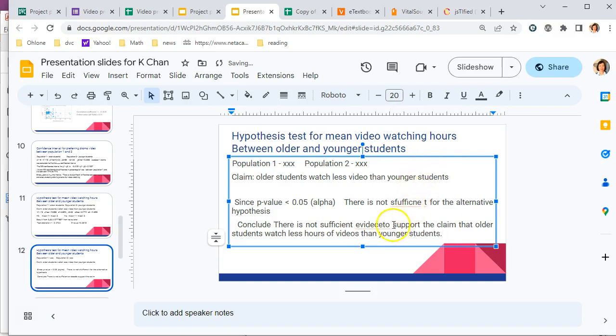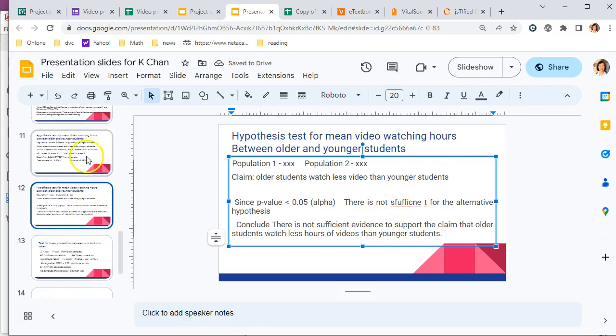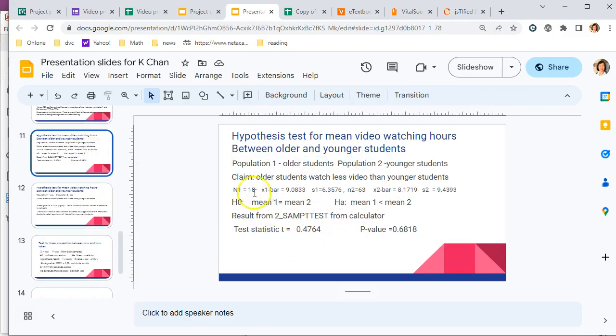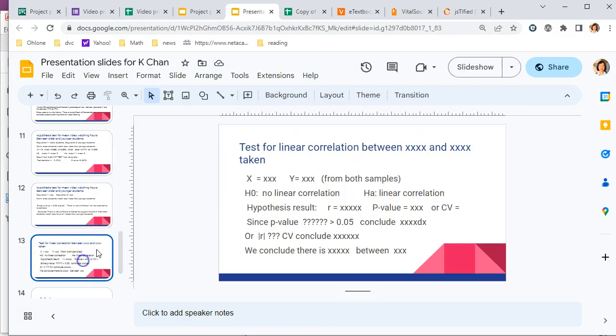So this is the conclusion. Okay, so that is the hypothesis test. Basically, you use the X1 bar, N1, and S1, X2 bar, N2, and S2 in the 2-sample t-test, and then calculate the test statistic and p-value and make the conclusion.